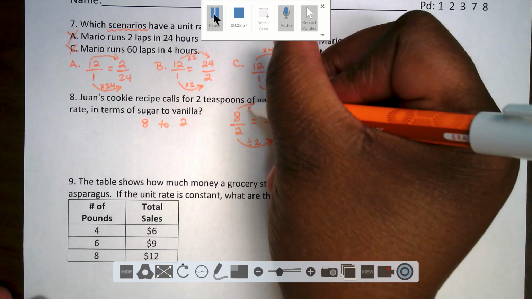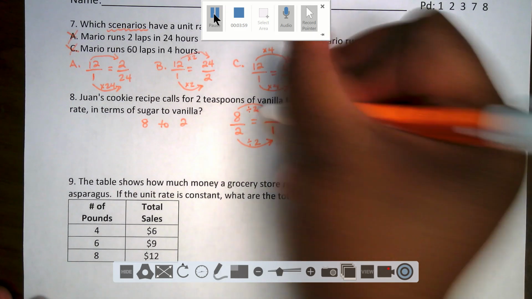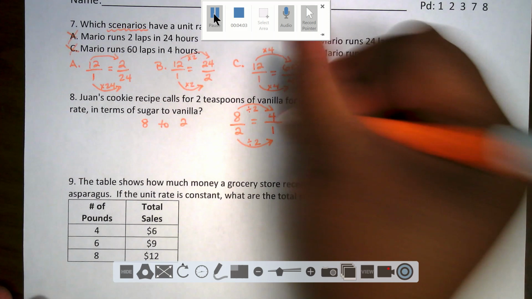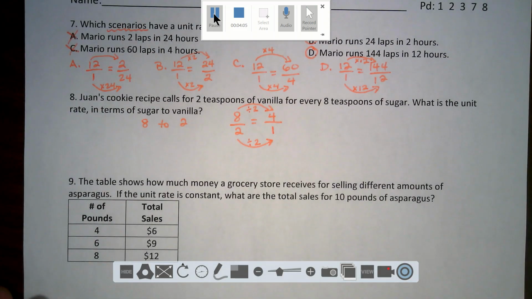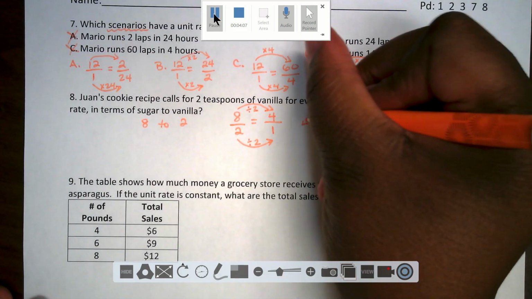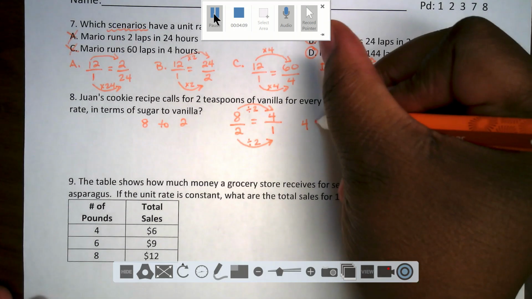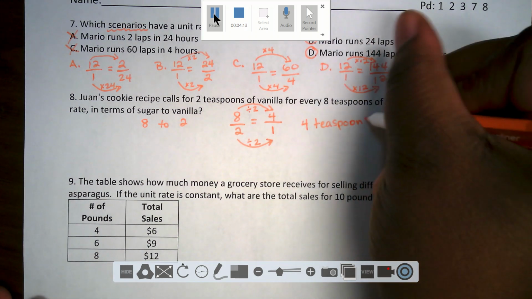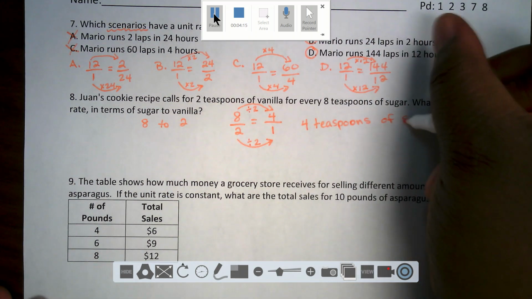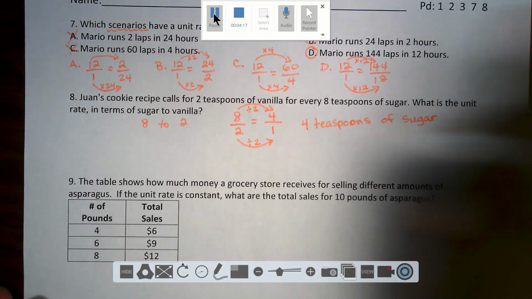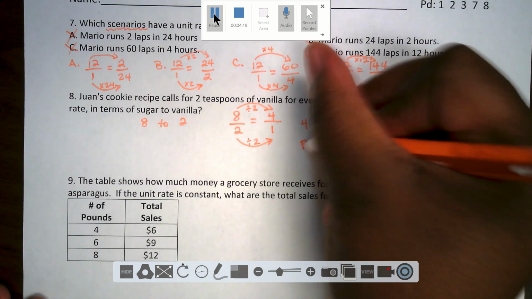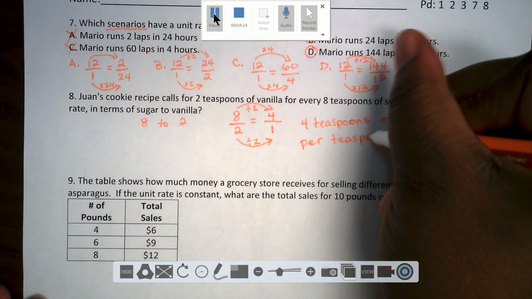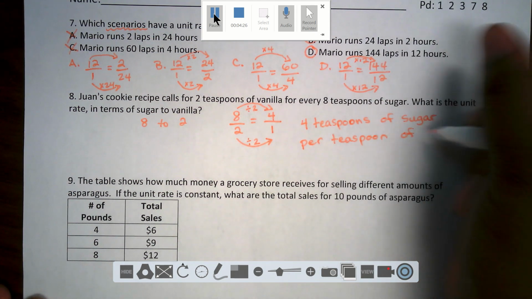So up here I need to also divide by 2. And 8 divided by 2 is 4. So my final ratio, for my unit rate, is 4 teaspoons of sugar per teaspoon of vanilla.